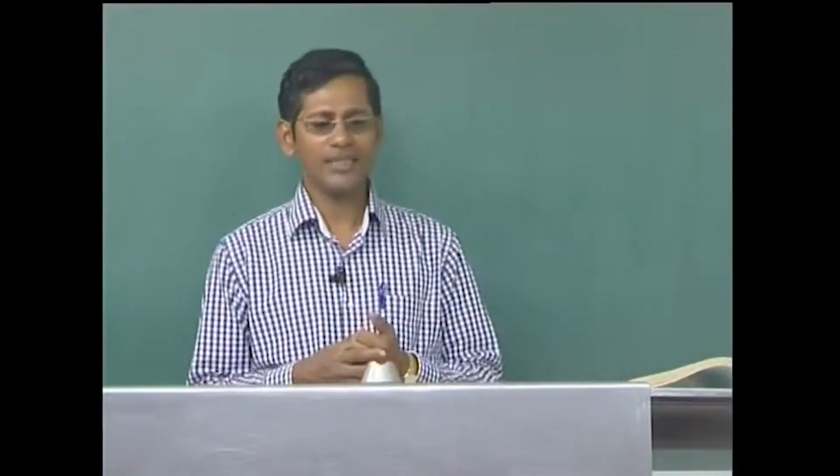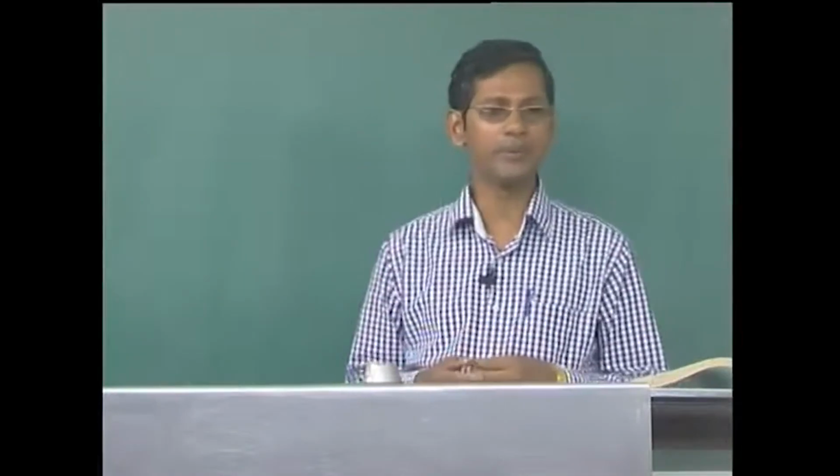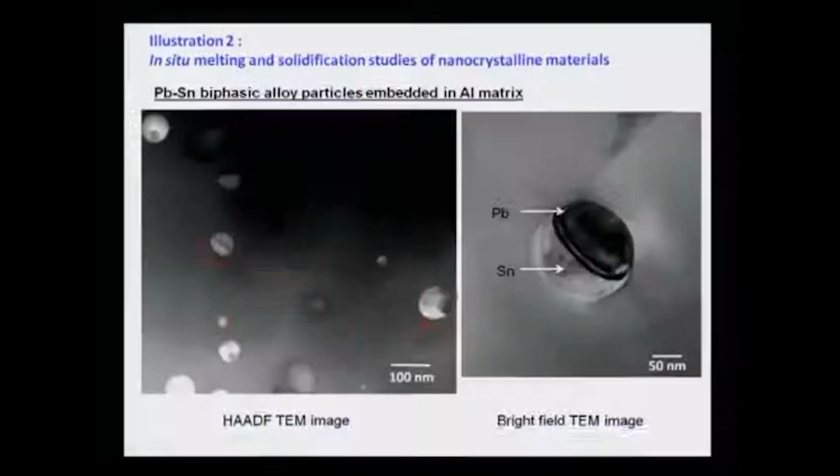And not only that, if you use a very highly convergent, high current electron beam, this can damage the sample. Many times you will find that if you do nano beam electron diffraction on a particular particle, after taking the diffraction pattern the particle is basically changed. So, the sample damage is very high in the STEM mode. One has to be very careful about the sensitivity of the specimen towards the electron beam.